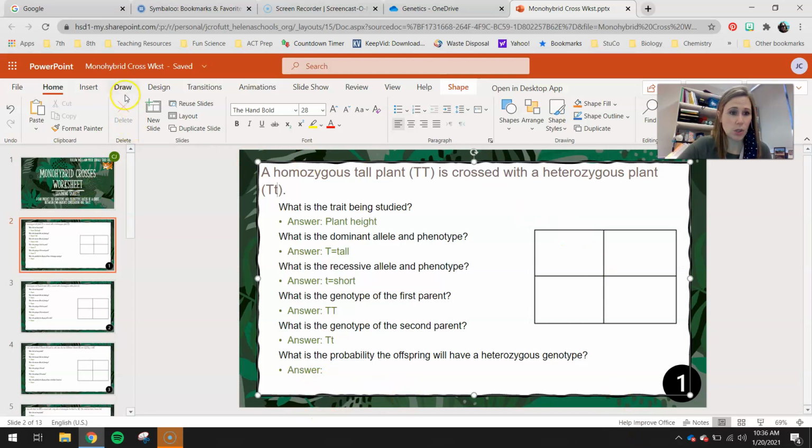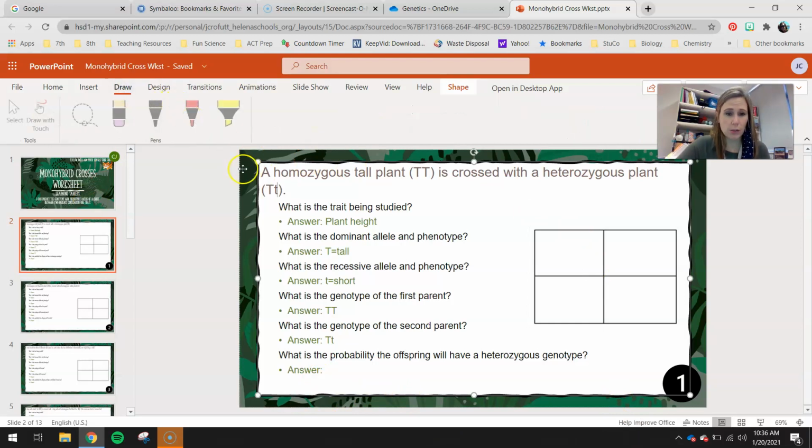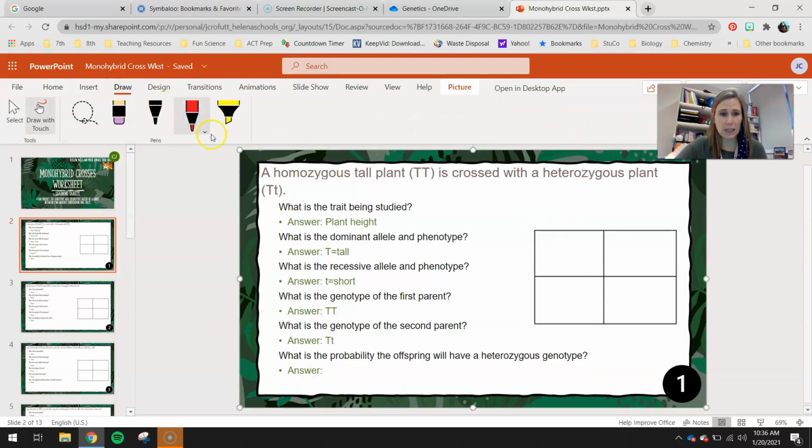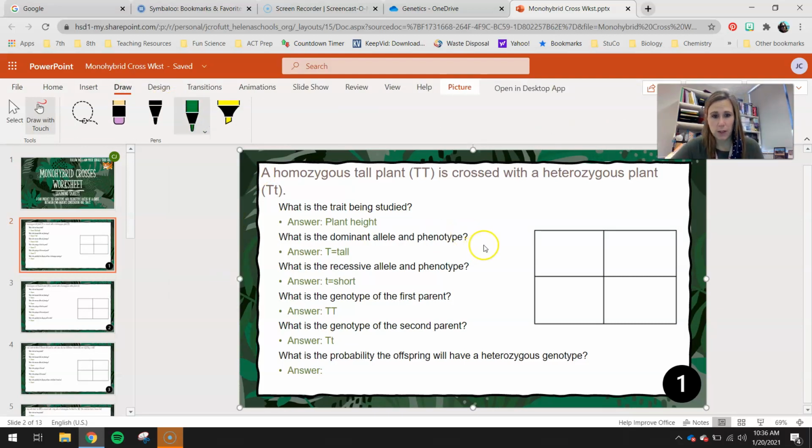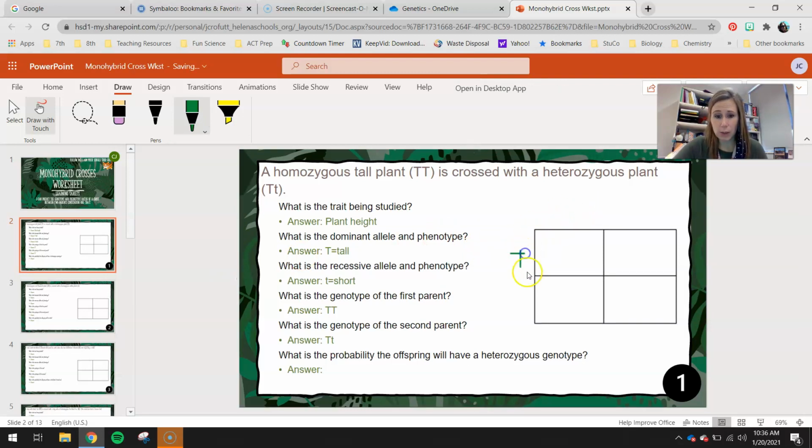So this is where you need to use your Punnett Square. You can go to your draw tool and click on whatever color you choose. Keep it festive. It doesn't matter which parent goes on the top or the side. So we're going to plug in, all right, that's my big T. I'm going to rewrite that because that's a little messy. I want to make sure I can really tell the difference between my uppercase and lowercase.